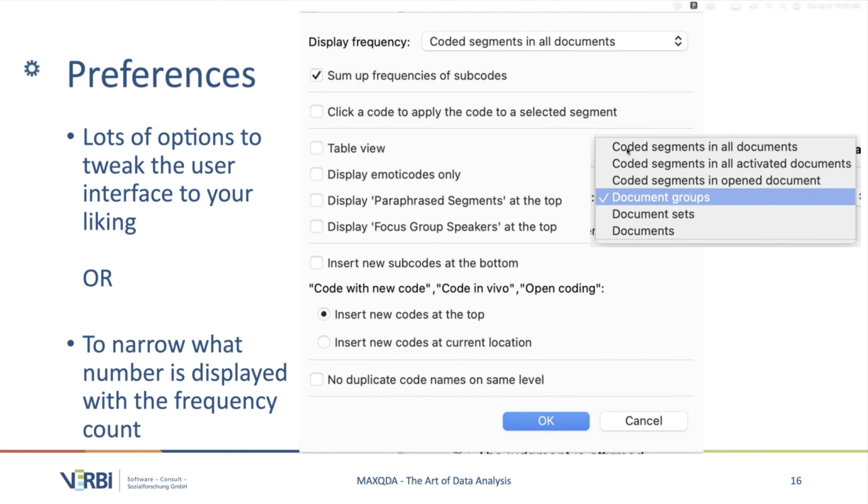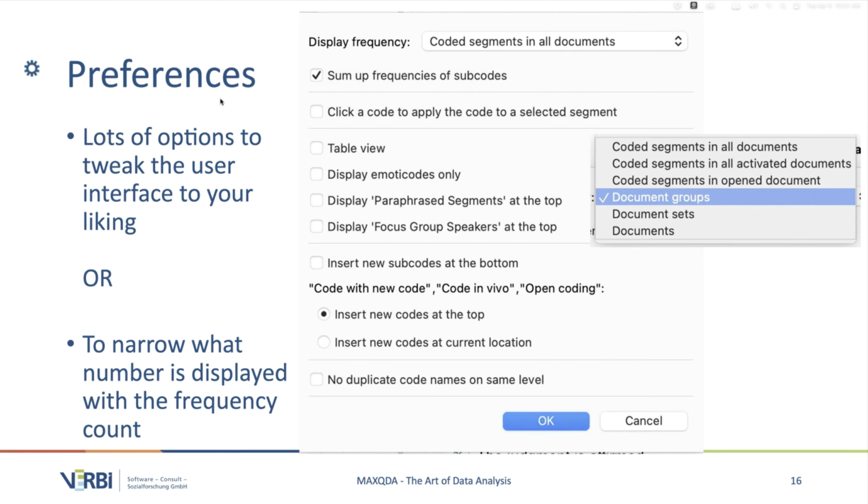The open document shows document groups, document sets, or documents. So it's just going to narrow what you see. You can sum up frequencies of subcodes, or click a code to apply the code to a selected segment. I don't have that on. Probably should. That would be kind of neat. Table view of your codes. We can go into this in a second.